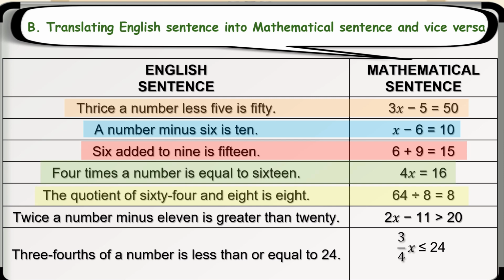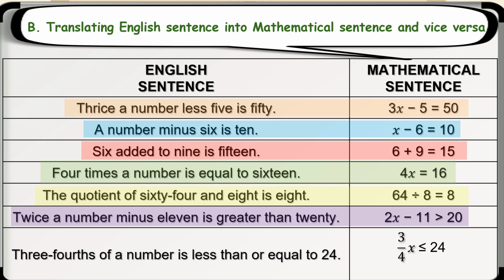Another example, twice a number minus 11 is greater than 20. Let's analyze every part. Twice a number means we will multiply 2 to a number that we don't know yet, so we will use the letter x.